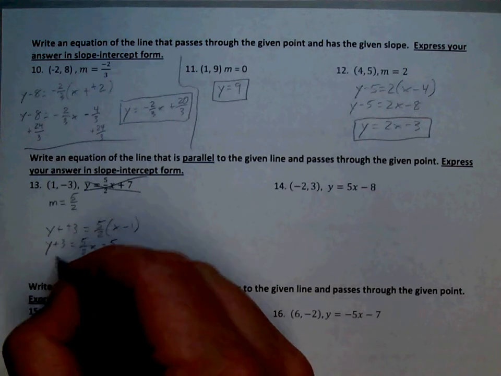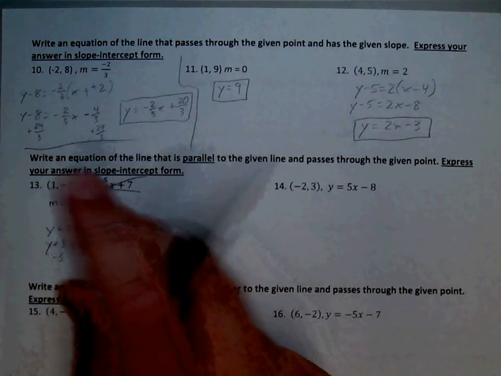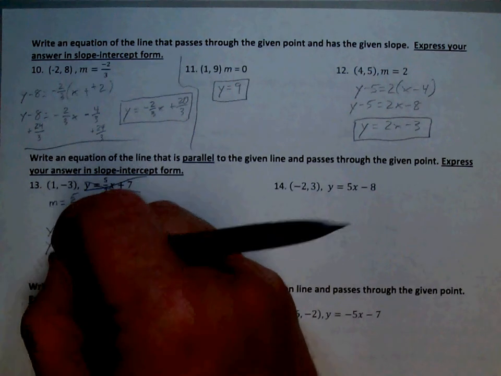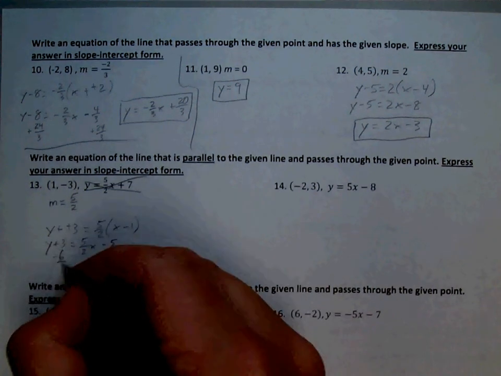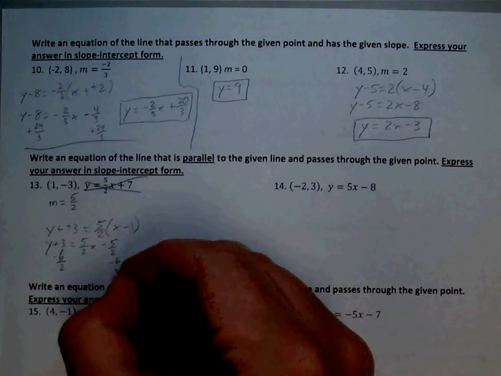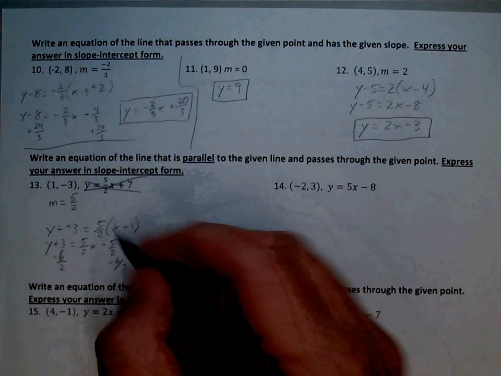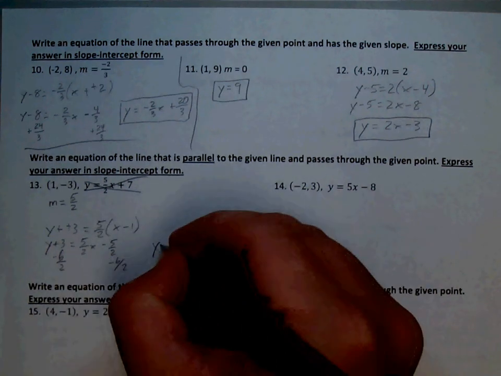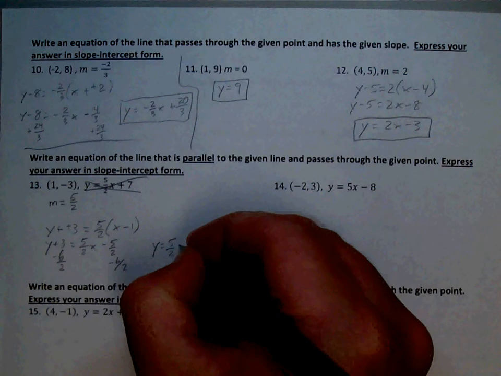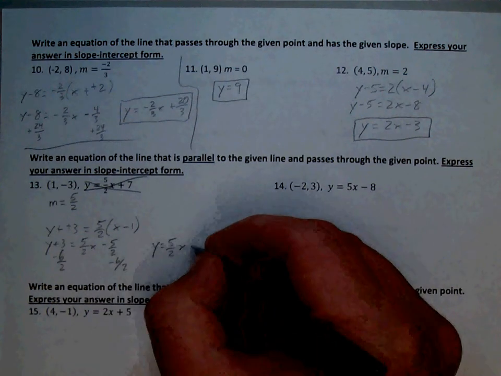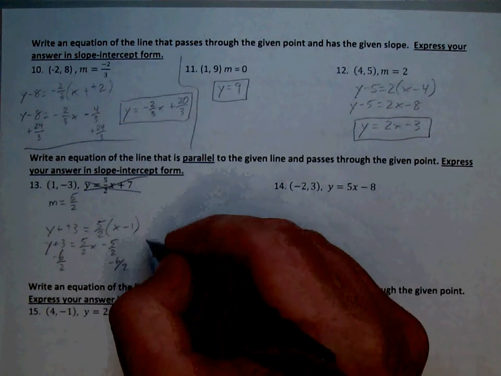Next I'm going to subtract 3, or to make a common denominator, I'm going to subtract 6 over 2. And so I get y equals 5 halves x, negative 5, negative 6 makes negative 11, so negative 11 halves.